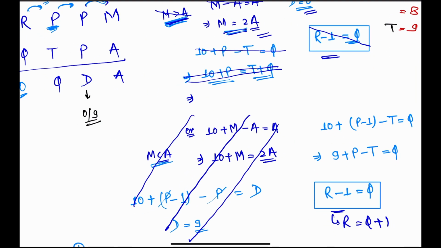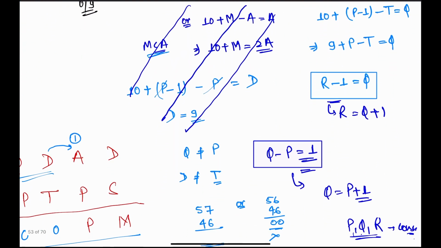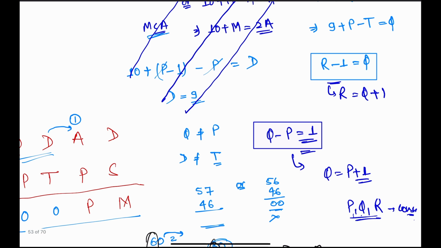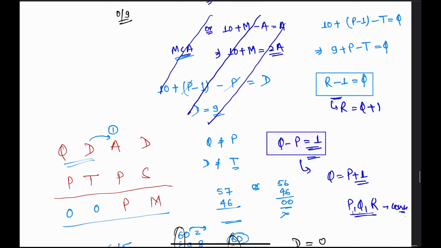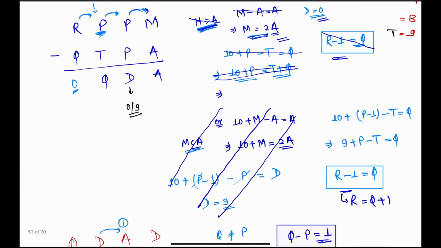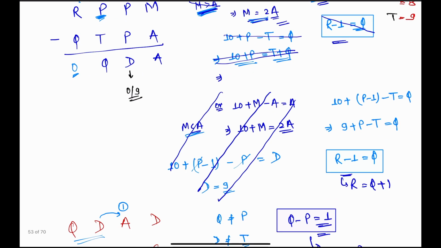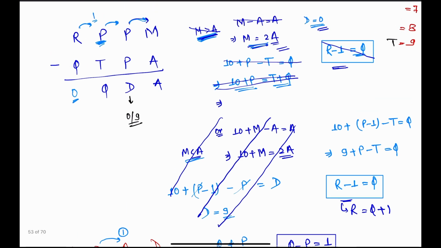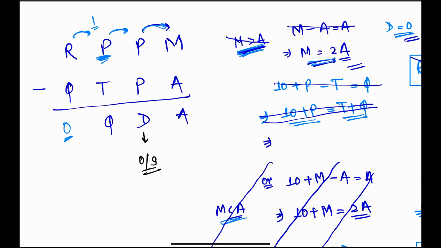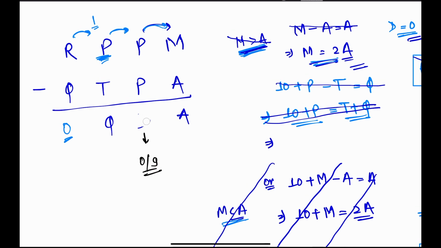As of now, what are the convenient equations which we have formed? Now that I know D value is 0, I will replace it with 0, and T value is 9.